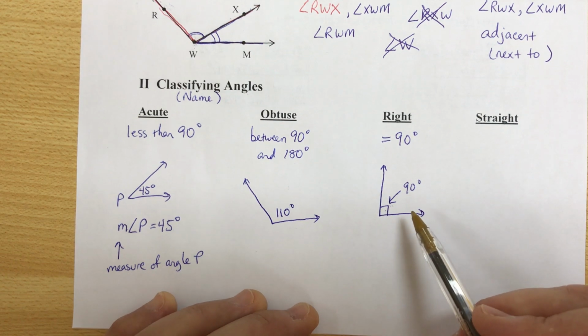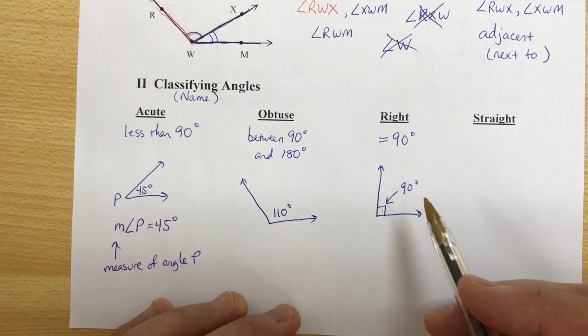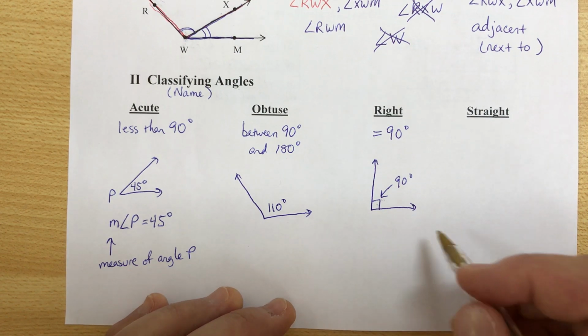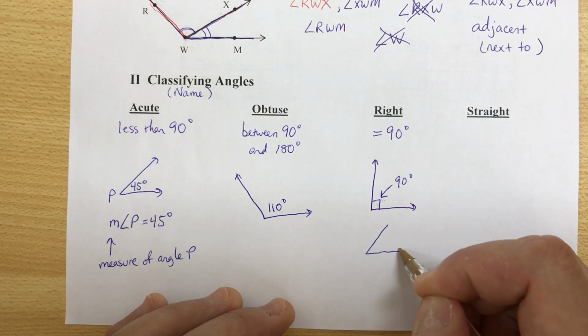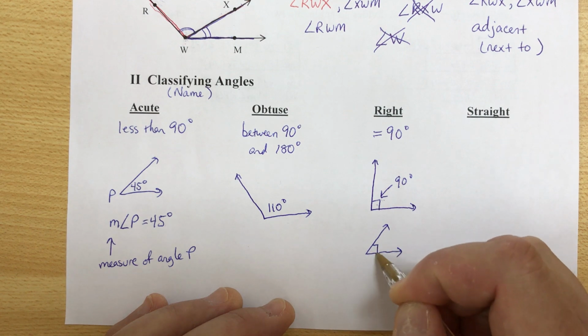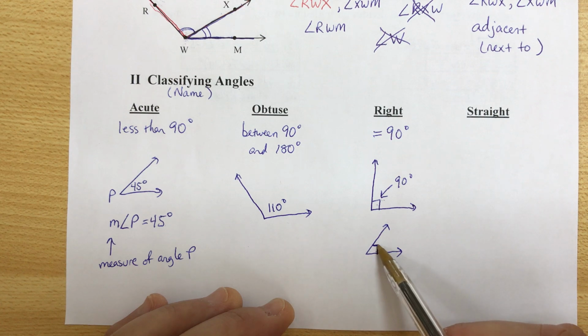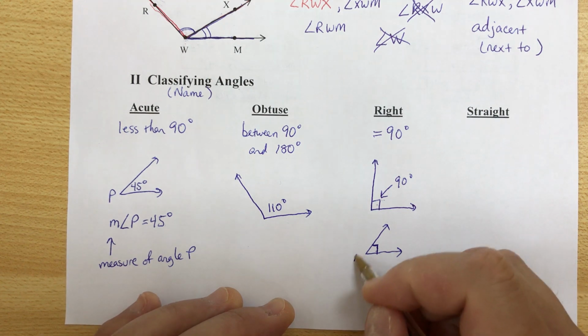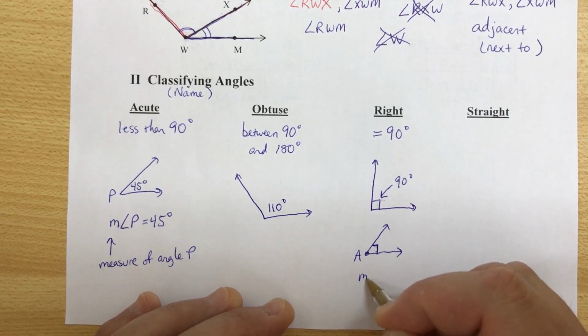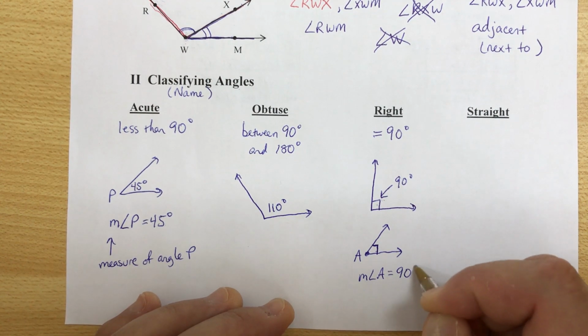Now, something to be aware of: when you are in geometry, sometimes the picture is not accurate. If you saw this picture, I know that it looks like it's less than 90, but if you see this box, this is a right angle. If I call that point A, the measure of angle A is equal to 90.